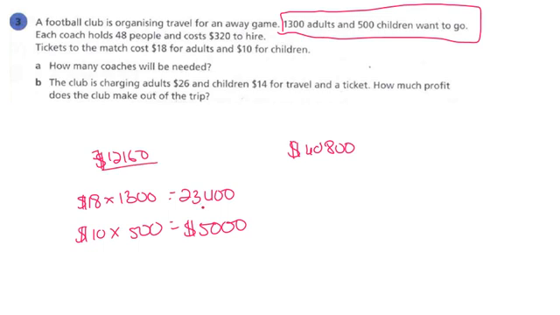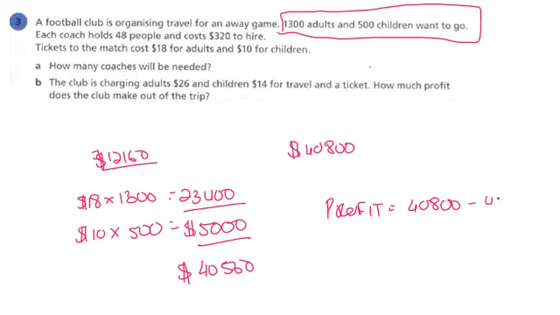So we're going to add 12,160 plus 23,400 plus 5,000. That's 40,560. So the profit will be 40,800 minus 40,560, which is $240. A $240 profit is not much.